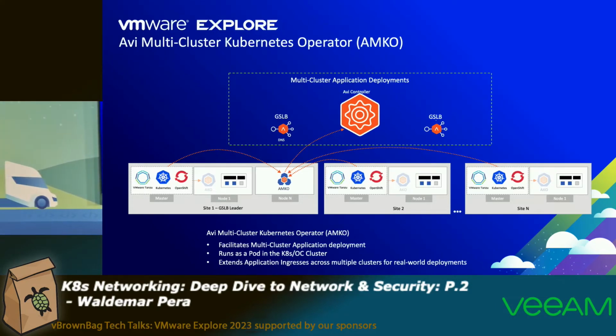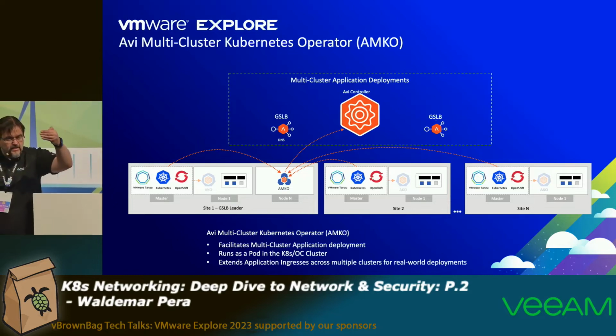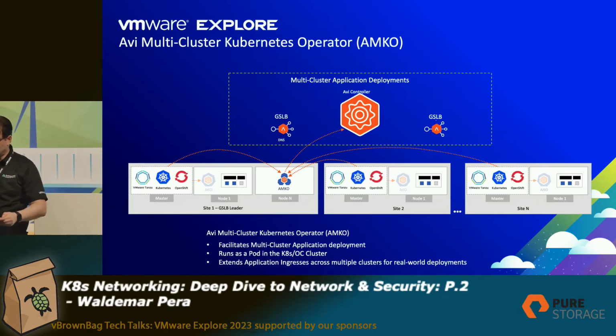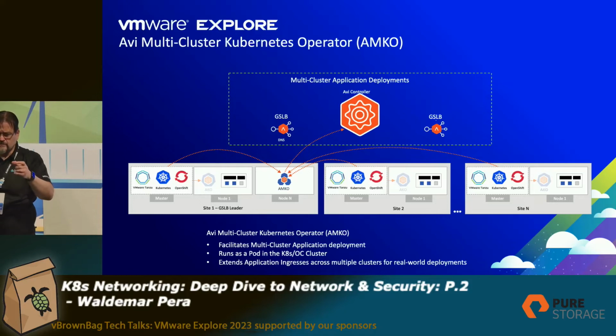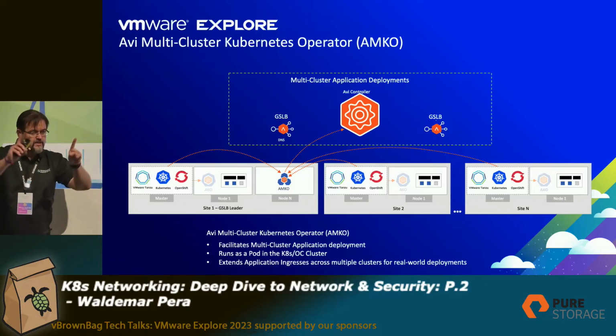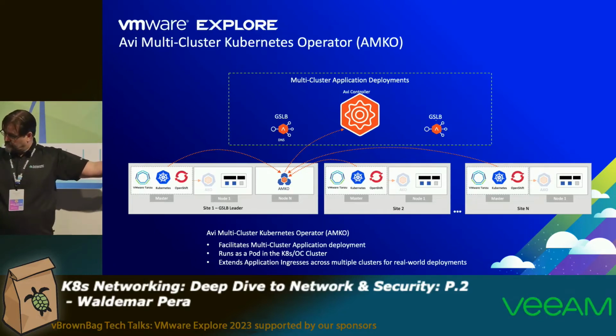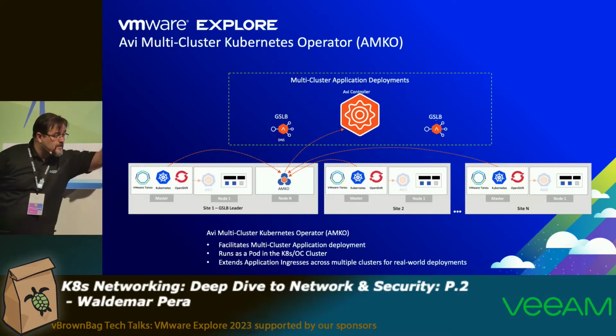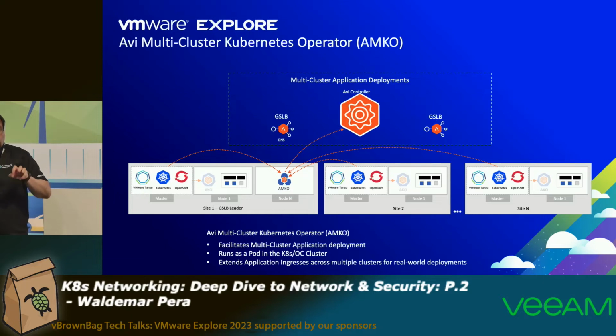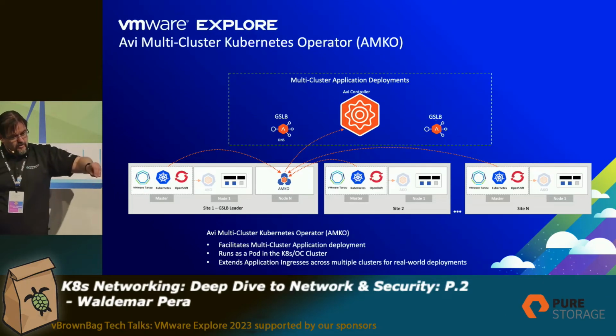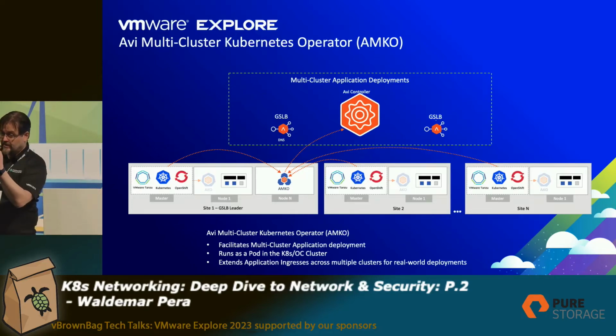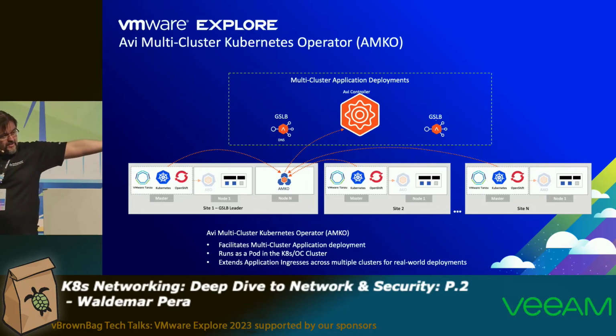What is the responsibility of the MCO? It sees in the YAML file a mark that says this application is not only local, it needs to be split and protected. If I see that mark in the request, I take it and not only create a record locally for each DNS, maybe I create a single record with two IPs, one VIP on each side.